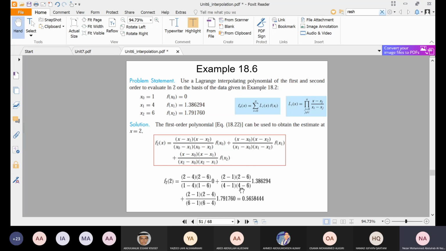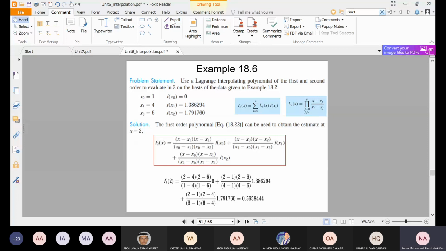So next step is to compute the second order. Okay, this is the second order. In the second order polynomial, we use this form of Lagrange polynomial.